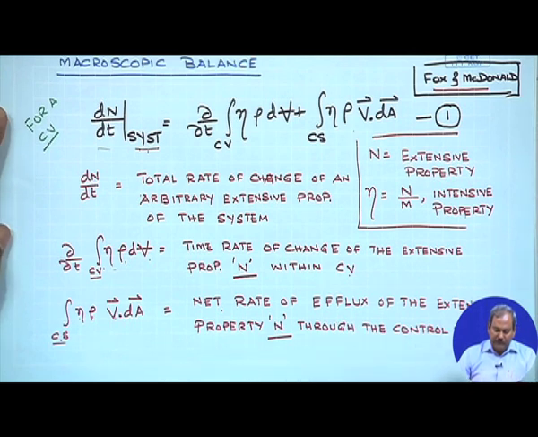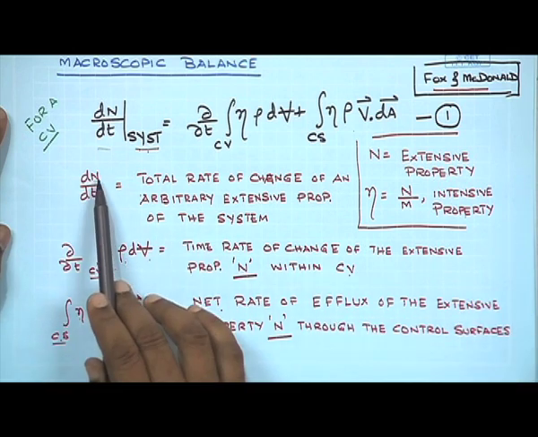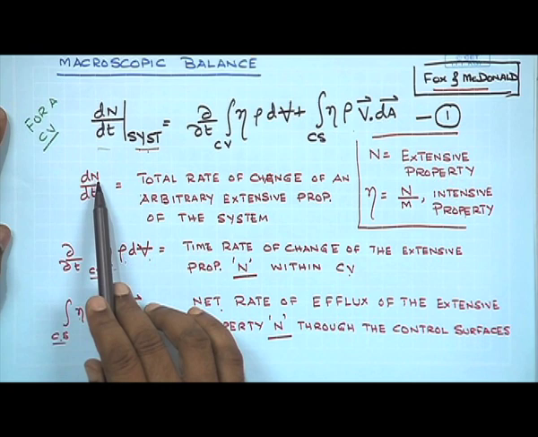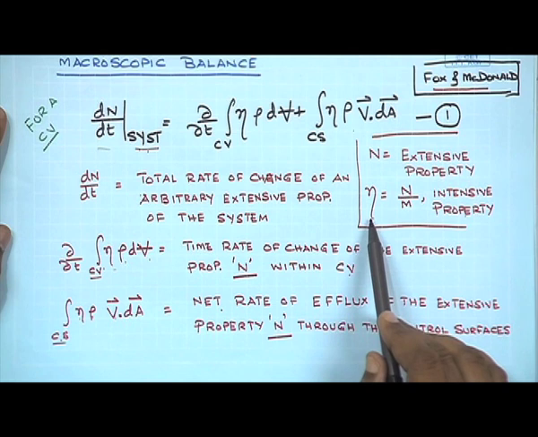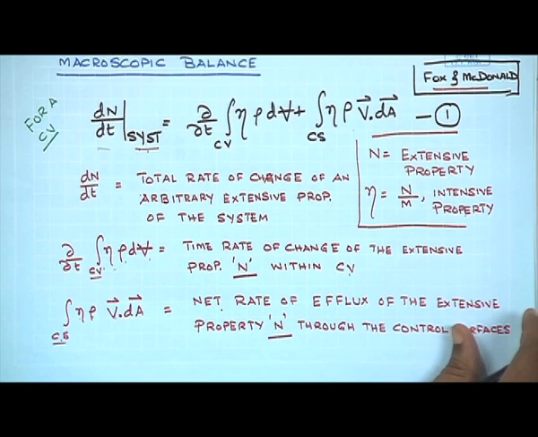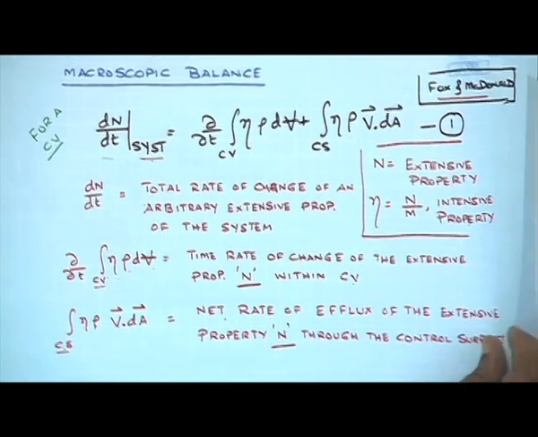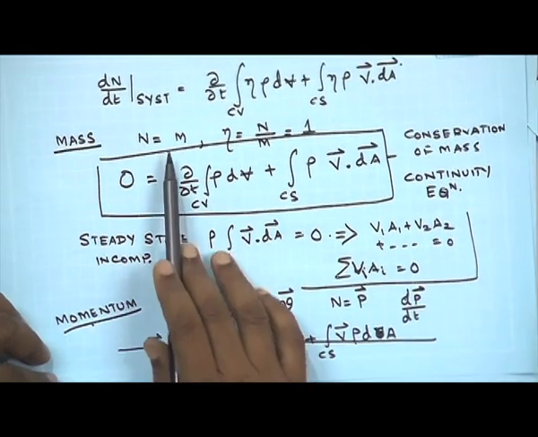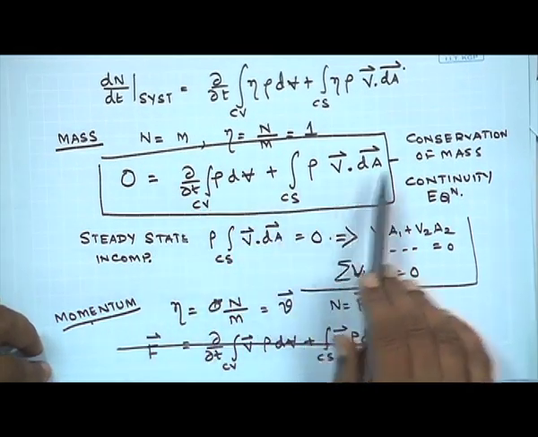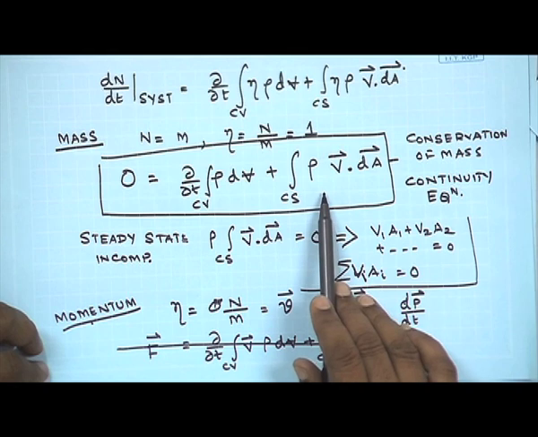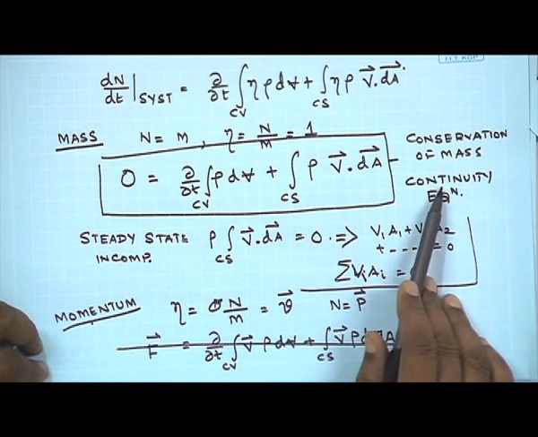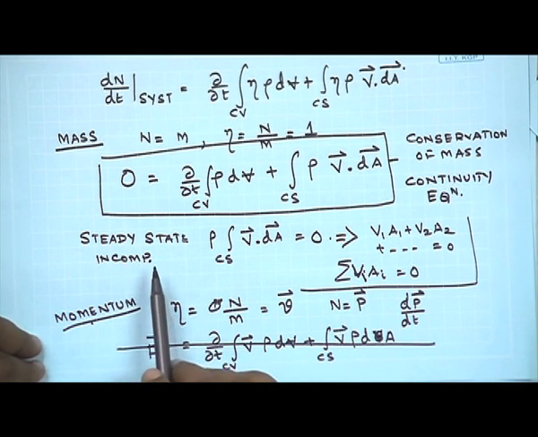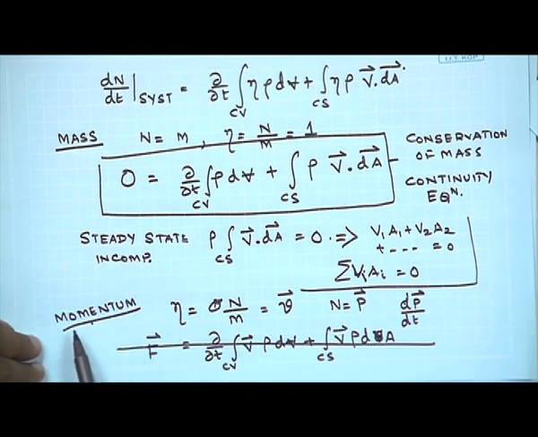So, with this equation we took N in the first case to be the mass of the system, and if N is the mass of the system, then obviously the corresponding intensive property would simply be equal to 1, and the equation which we have obtained out of that is nothing but, for this case, what we get is the conservation of mass, or the integral form of the continuity equation.